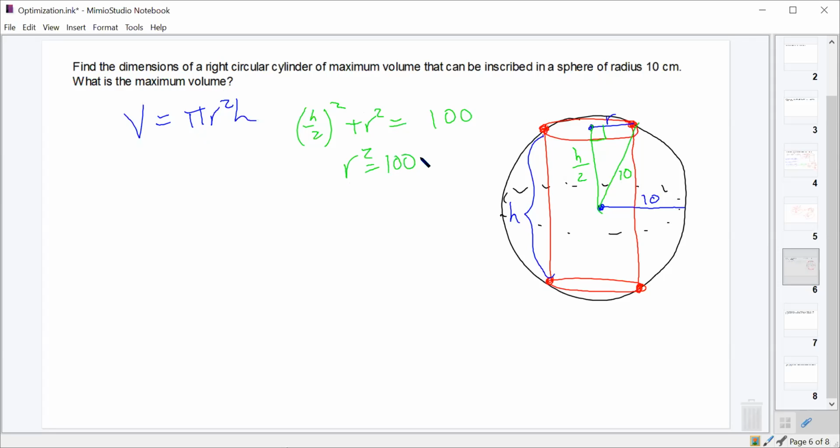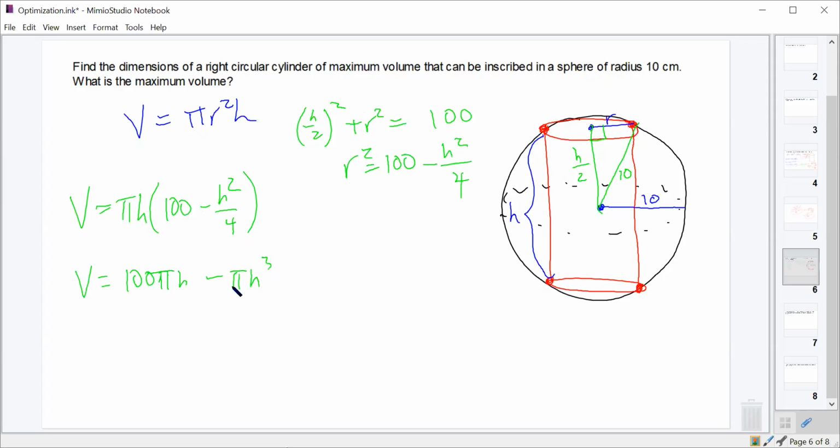So r squared would be 100 minus h squared over 4. So we could substitute that in. Volume is pi times h times (100 minus h squared over 4). Or if we distribute that through, V equals 100 pi h minus pi h cubed over 4.